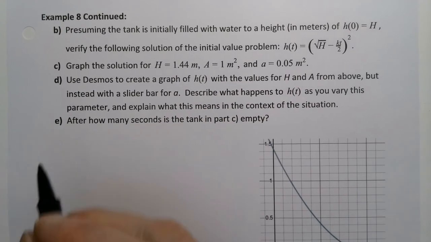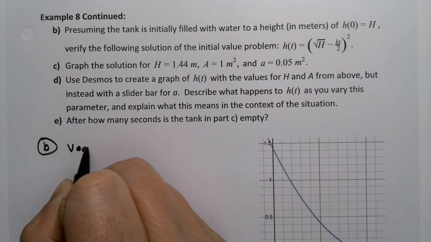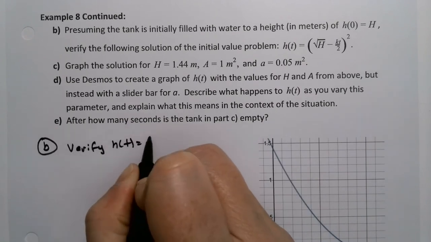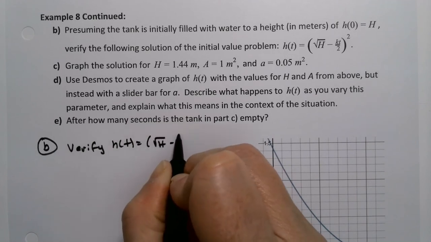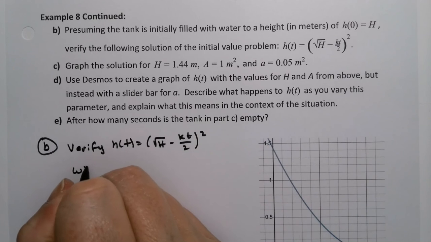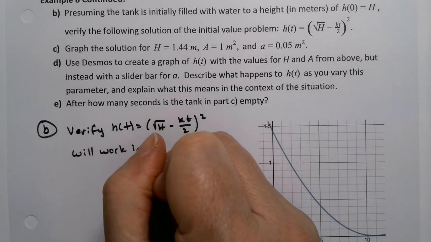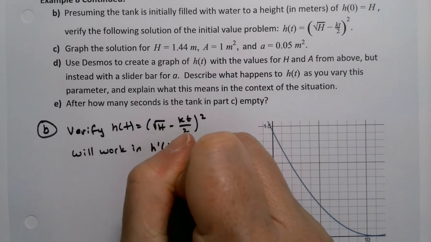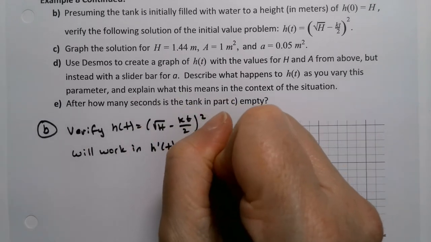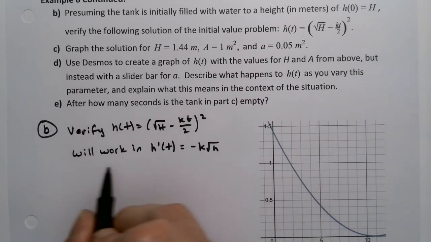So part B, they want us to verify h of t equals the square root of h minus kt over 2 squared will work in our Torricelli equation, which is h prime of t equals negative k square root of h. All right, so let's see if it works.